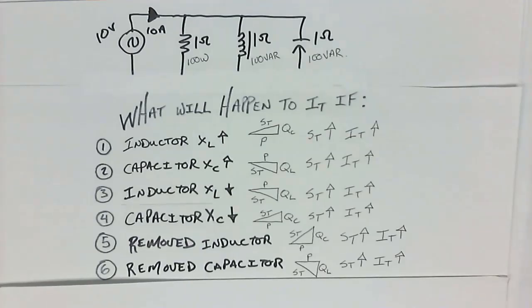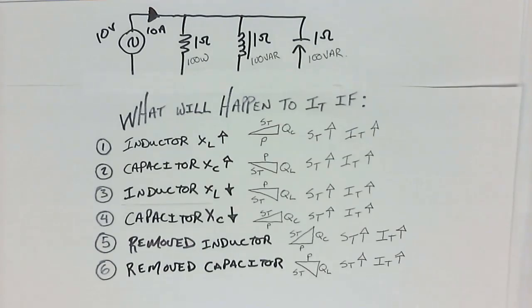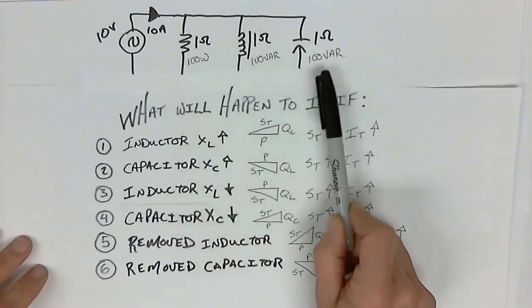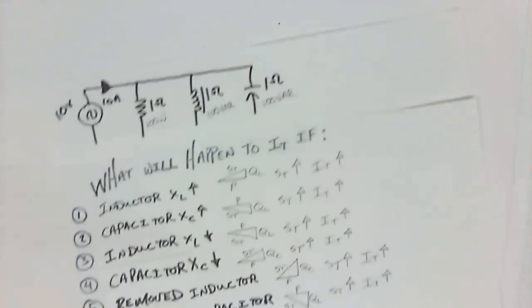So I want you to consider the implications here. If we were to have a situation in parallel where we had two of these three, let's take a moment and just consider the implications.